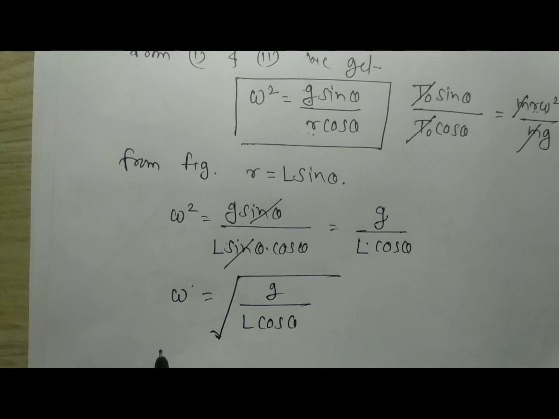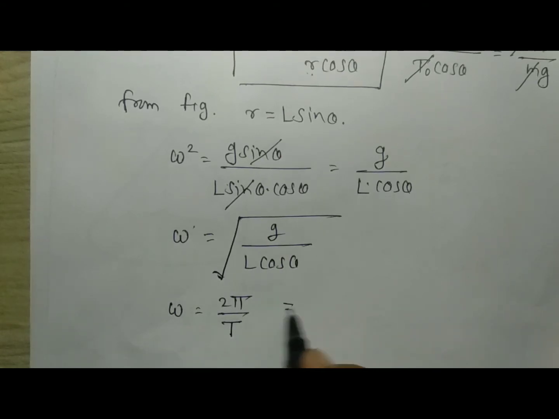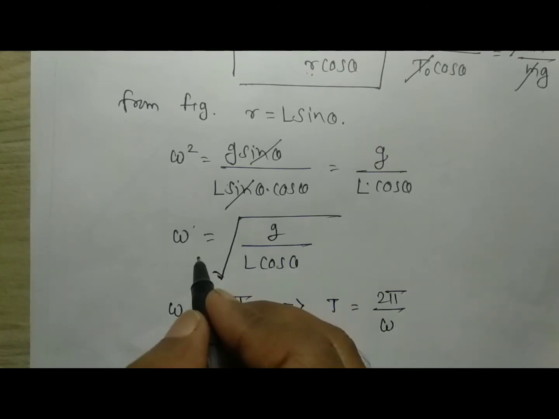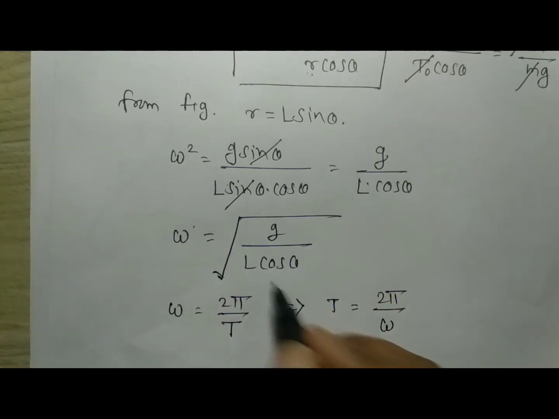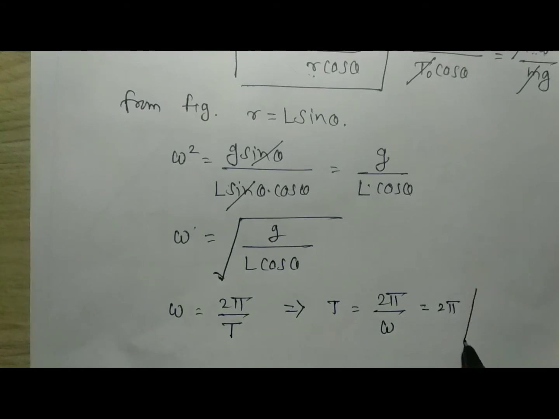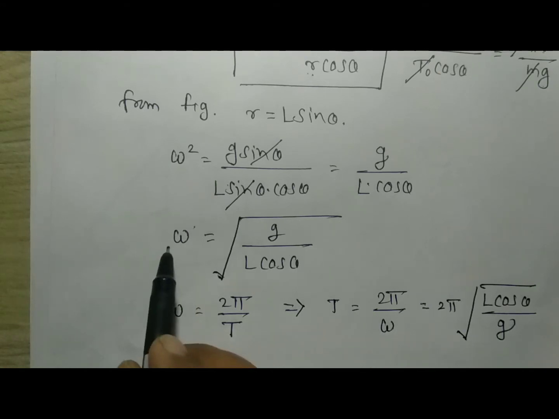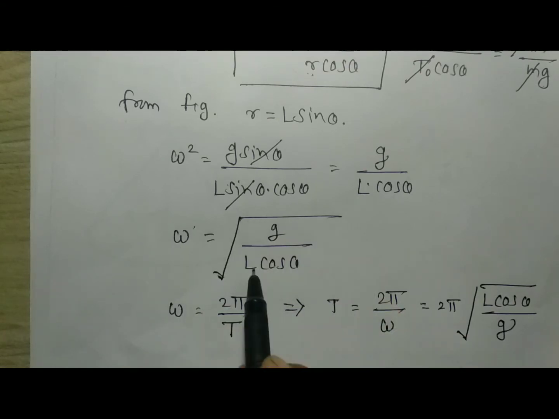And we know that omega is equal to 2 pi divided by T, and therefore from this equation you will get T is equal to 2 pi divided by omega. But the value of omega is nothing but the square root of g divided by L cos theta, which we put inside the denominator, and it is nothing but the reciprocal of omega, which is the square root of L cos theta divided by g.